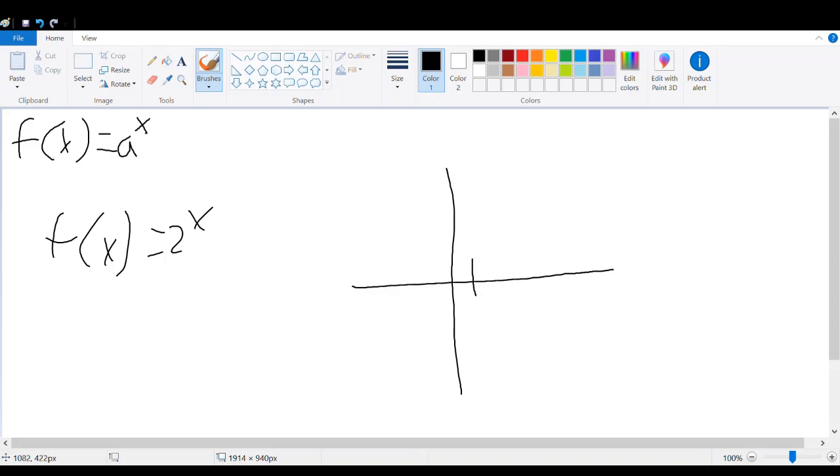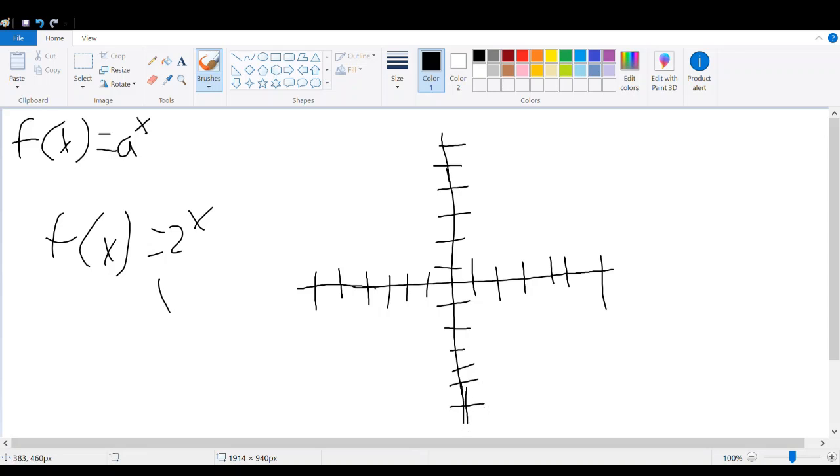I found that the easiest way to do these graphs is just to make a table of values. Not like memorize points, because in parabolas you can memorize points and apply transformations. It's just easier for these to make a table of values. So x and y, because f of x is pretty much just y.